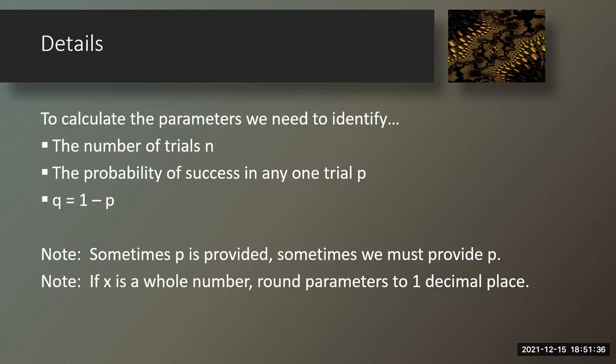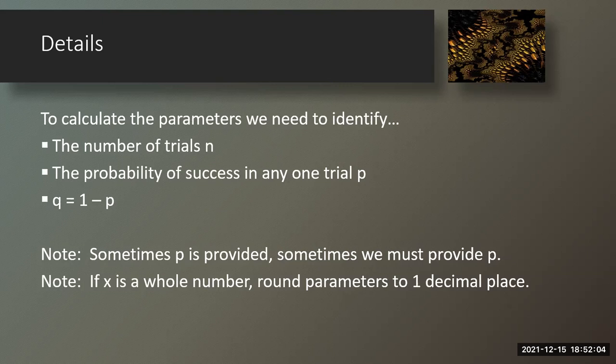We need to identify P, and we need to identify Q. Q is equal to 1 minus P. We've used this formula in one form or another since chapter 3 in our discussion on complementary events. And I do note here that sometimes P is provided, and sometimes we must provide the P. And if X is a whole number, we usually round our parameters to 1 decimal place.